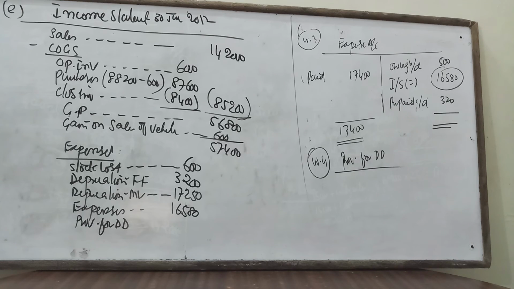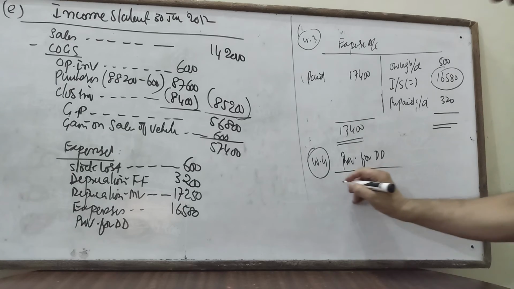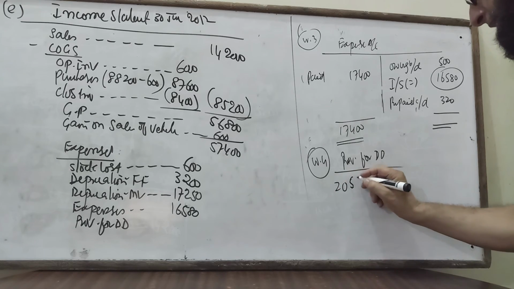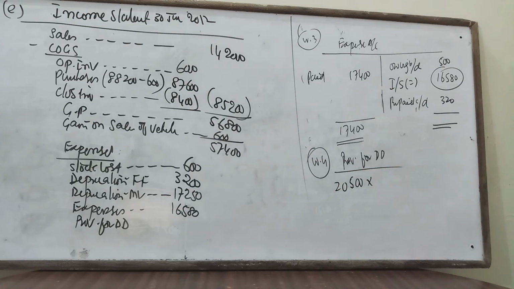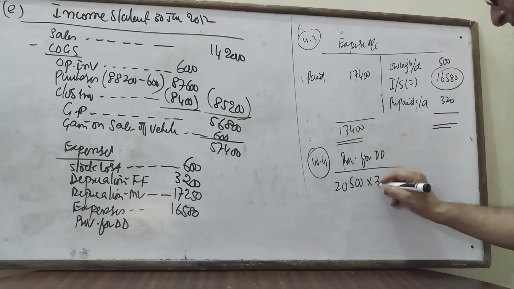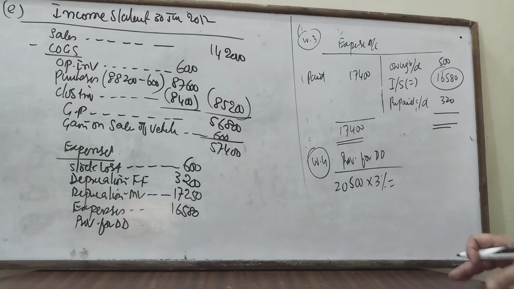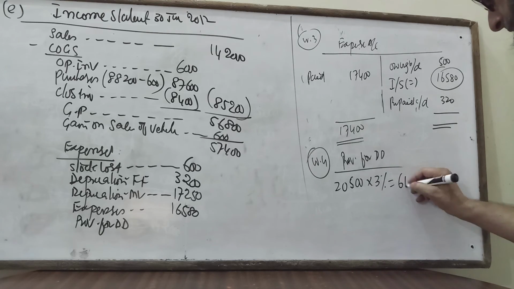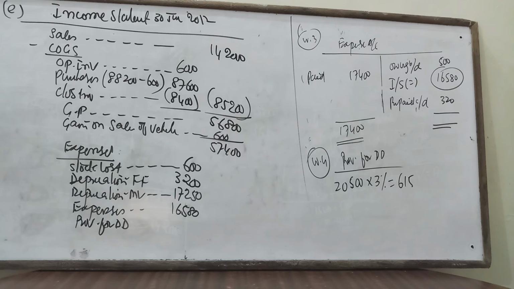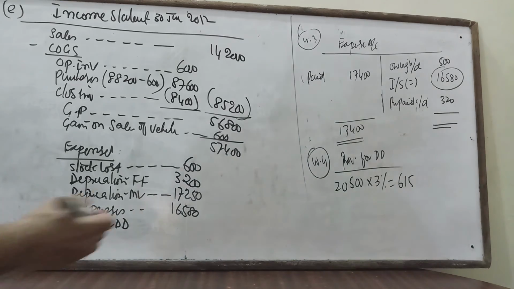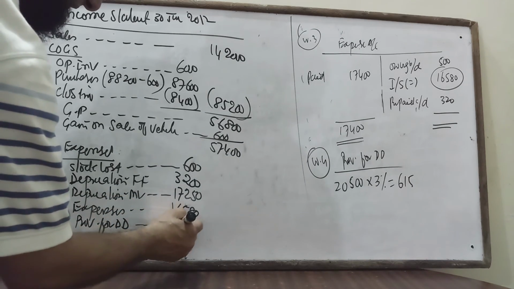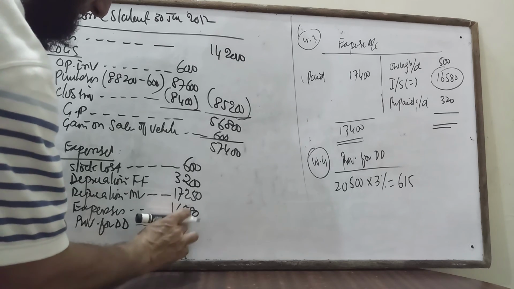Trade receivables were 20,500, and the doubtful debt percentage is 3%. Take 3% of this. Okay, 20,500 multiplied by 3% is 615. 615 is the allowance for doubtful debts, an expense for doubtful debts.